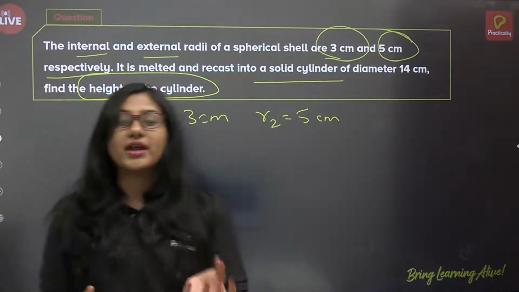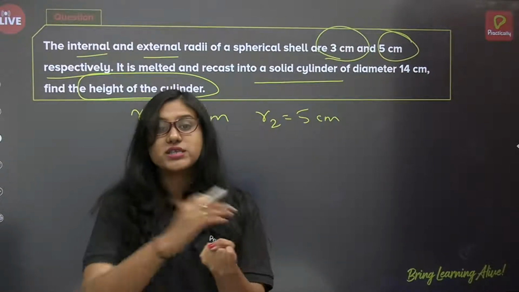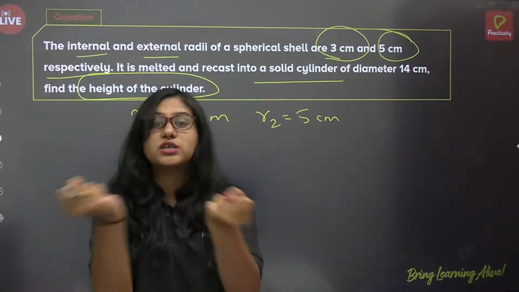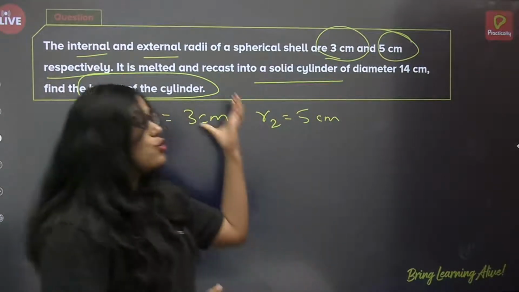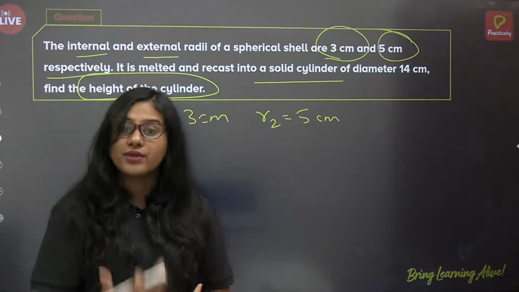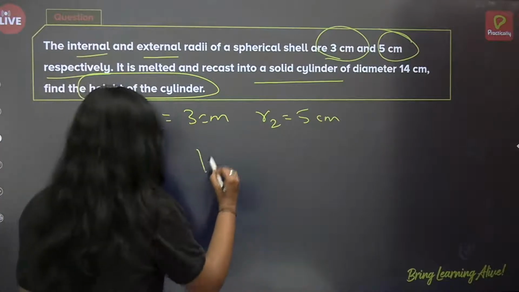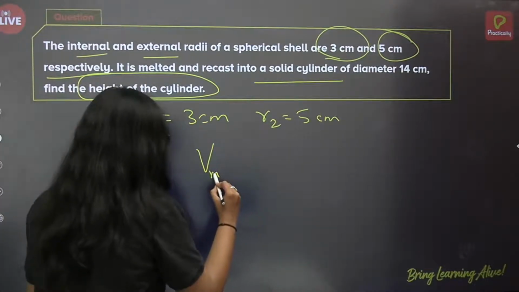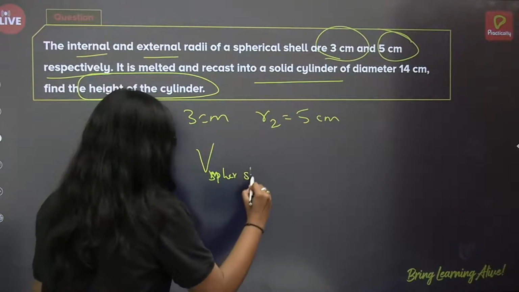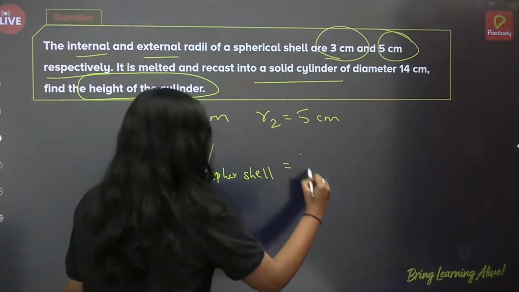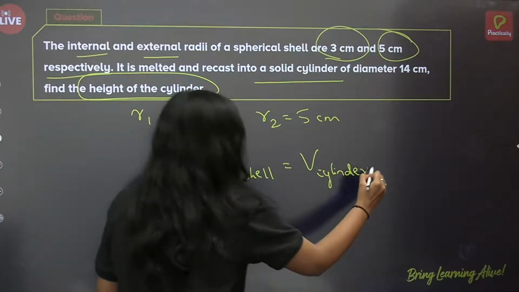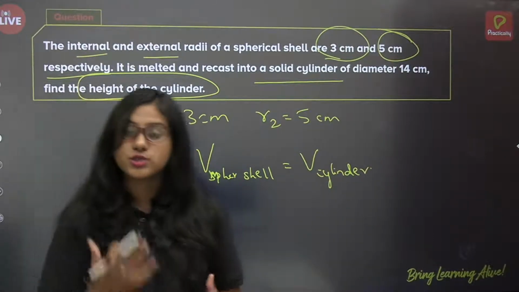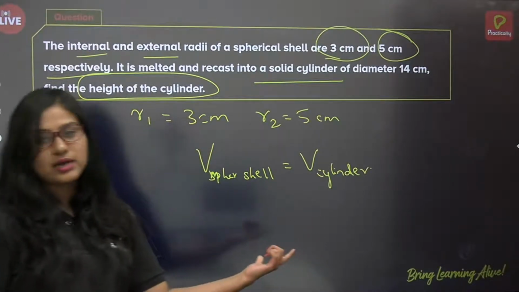Okay, whenever one solid is melted into another solid, both volumes remain equal. Correct? So, from this question, we can write that the volume of the spherical shell is equal to the volume of the cylinder. Now we have to just use the formulae and get the answer, right?